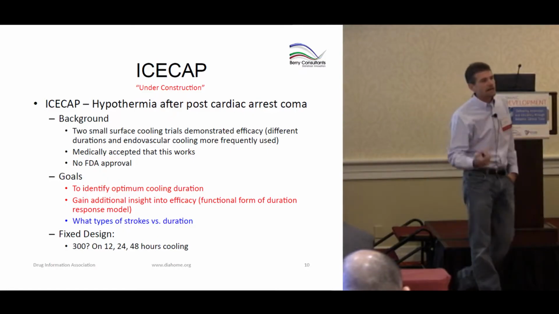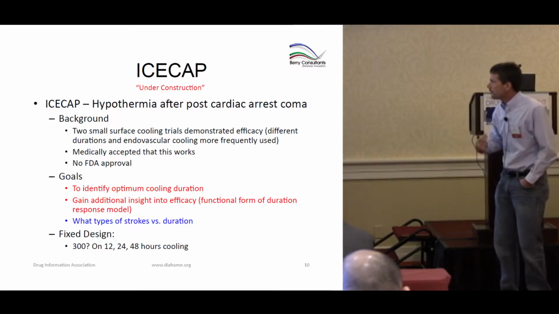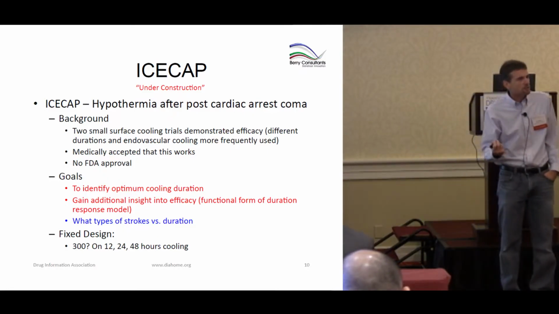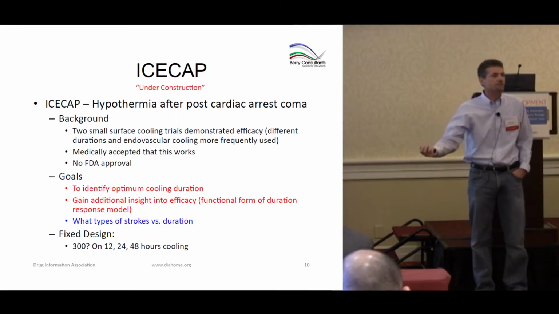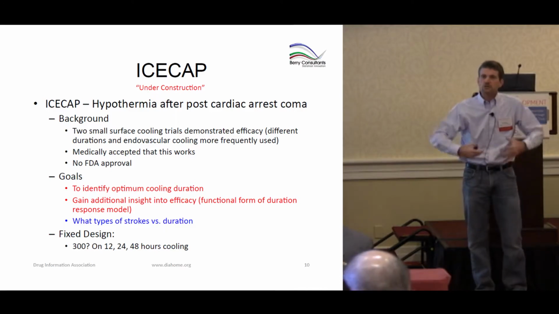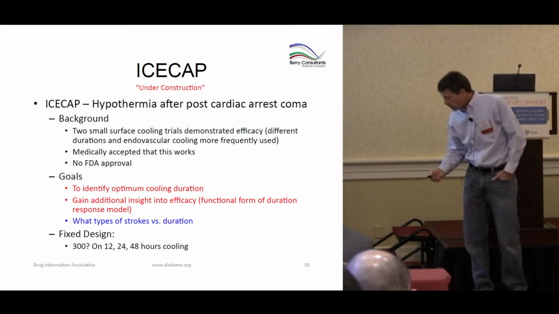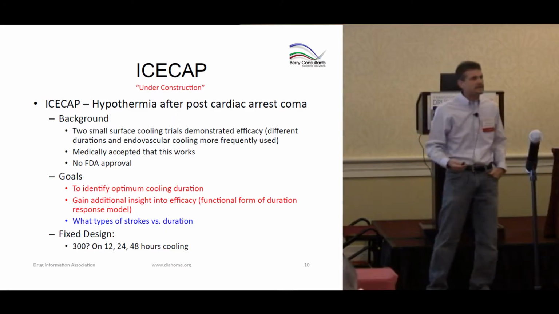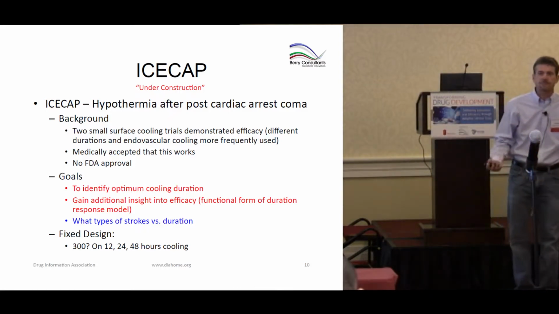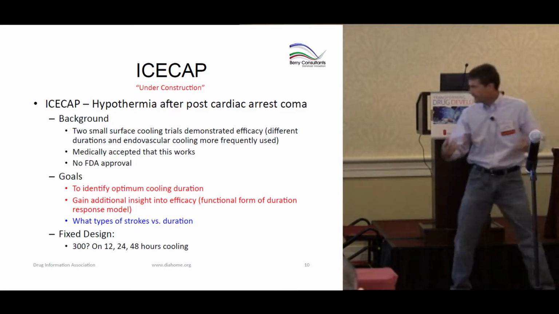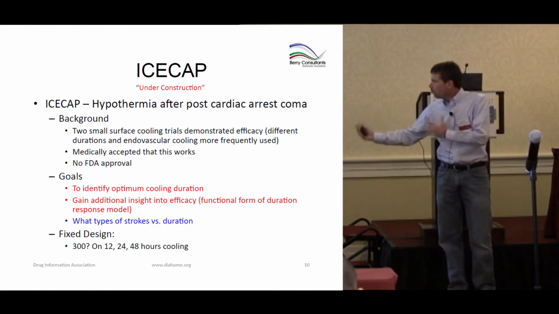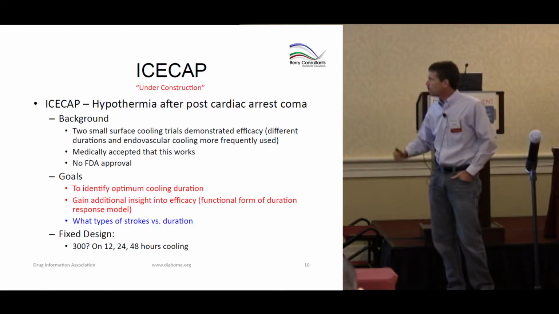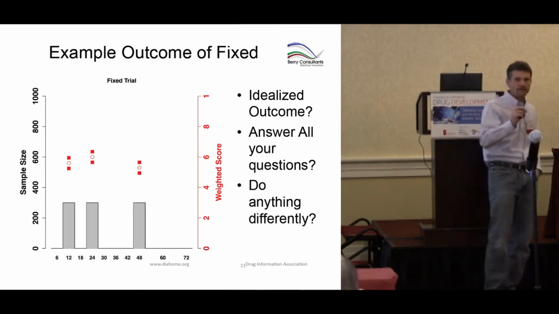The fixed design when we first came in was where they would go in with, and I'll use a placeholder at this point, 300 patients on 12 hours, 24 hours, and 48 hours of cooling. That's sort of the fixed design. So the first thing we want to do is understand that and what might be the shortcomings of that fixed trial. We're going to bring adaptive technology and think about doing the trial differently. Think about that and what are the benefits and negatives of that.